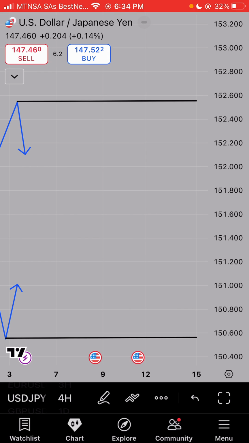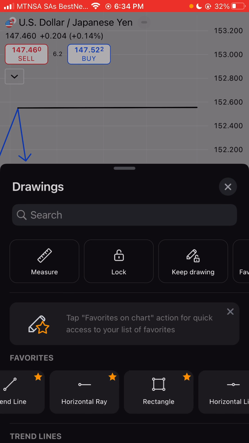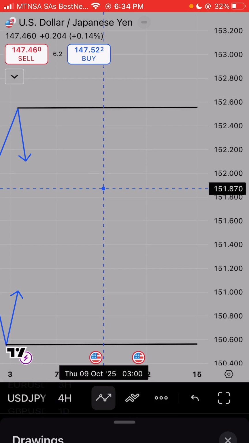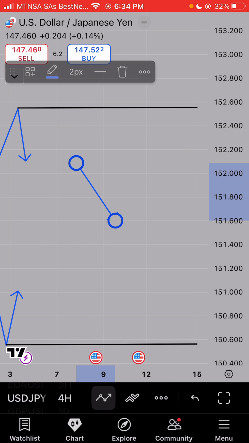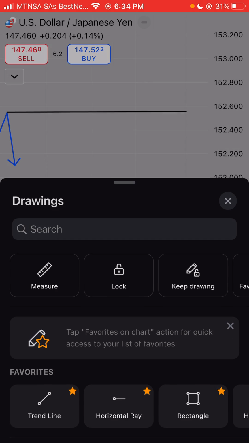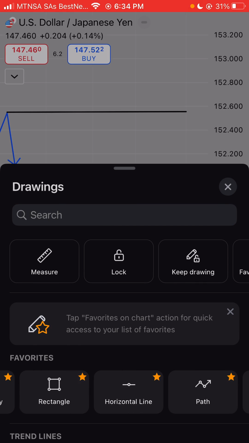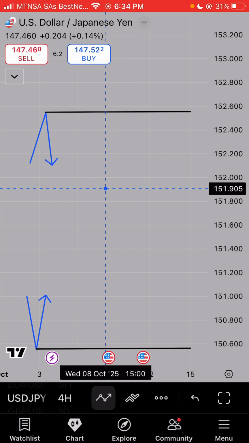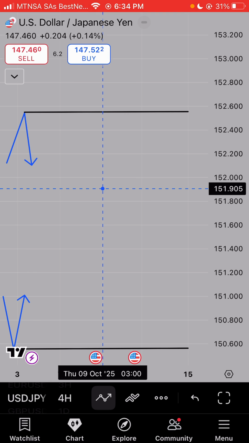So one of two things can happen, actually. Actually, one of a lot of things can happen. Let me change the color for us. If this is your key level, you will make notes of this.